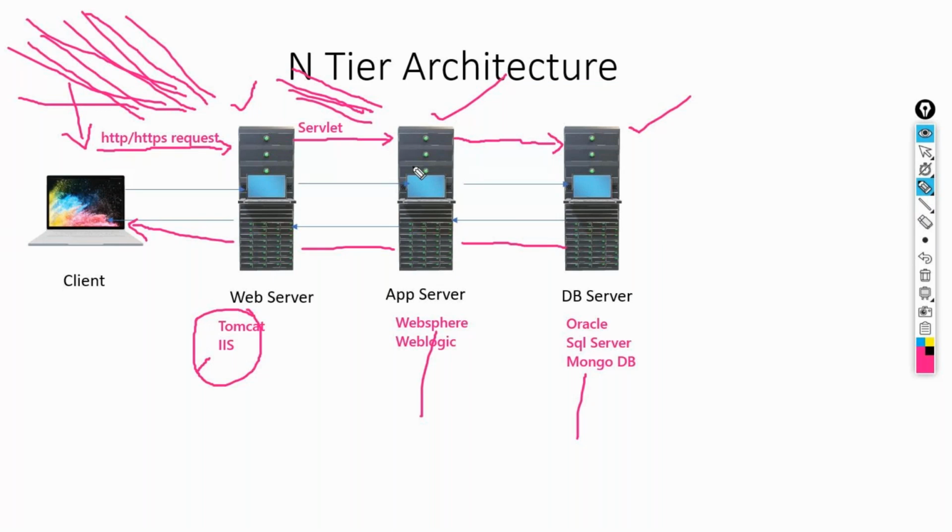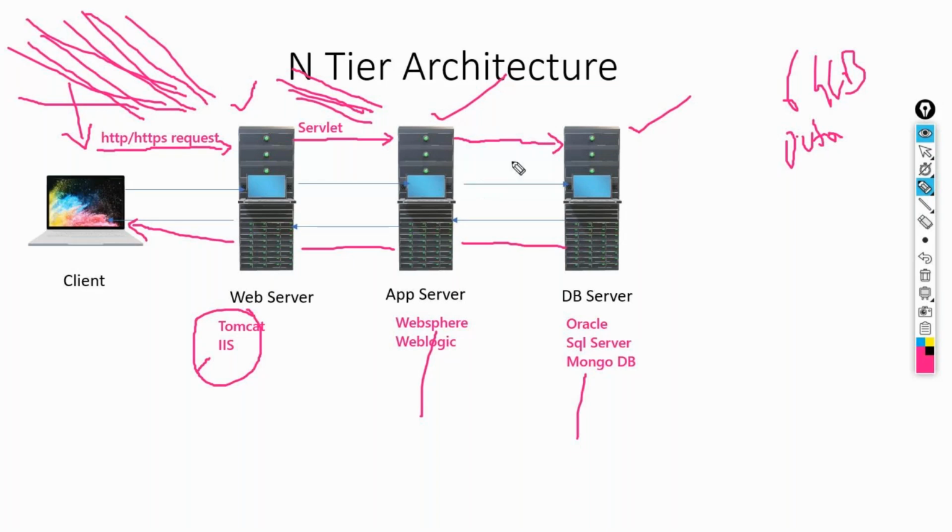See, it depends on the amount of requests received by this application server, and it also depends on the configuration of this application server. So if the configuration is good, let's say for example 64 GB RAM, octa core processor, something like that, then it's probably a good configuration. It can process more requests.